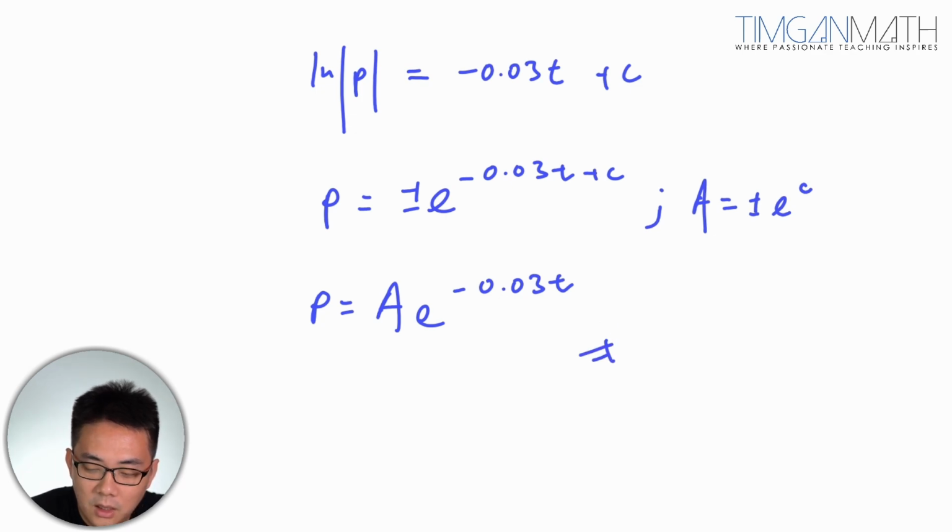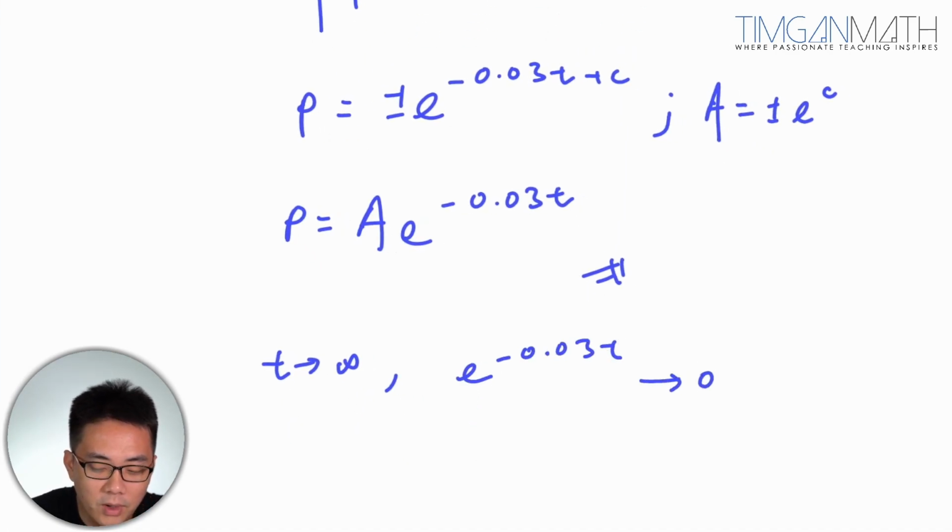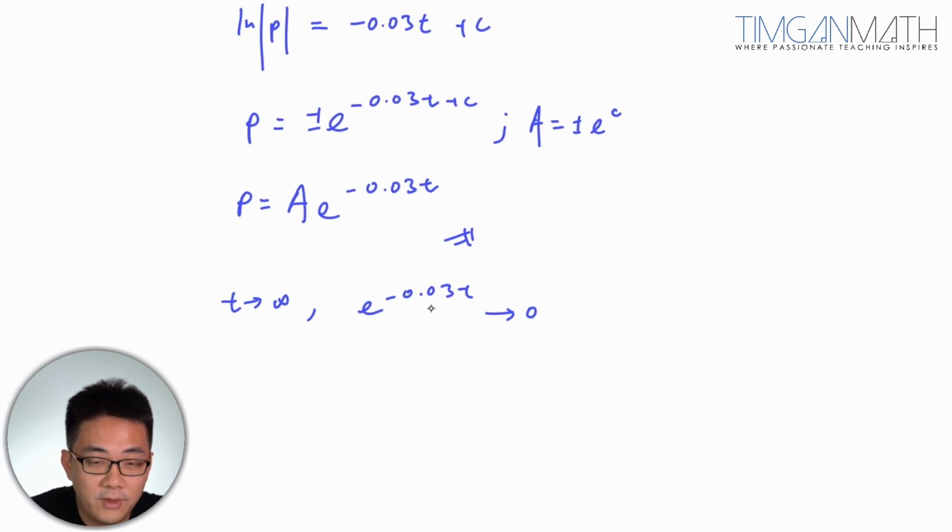Now as t goes to infinity, because we are asked what will happen when it becomes very big, e to the power of a negative number, negative infinity, will just tend to 0.